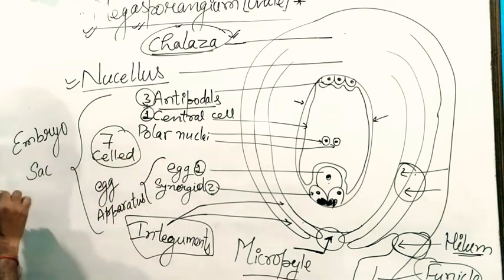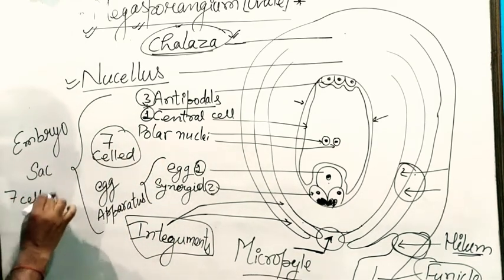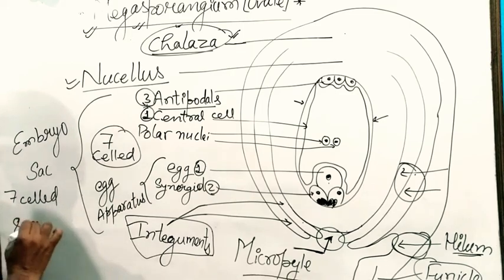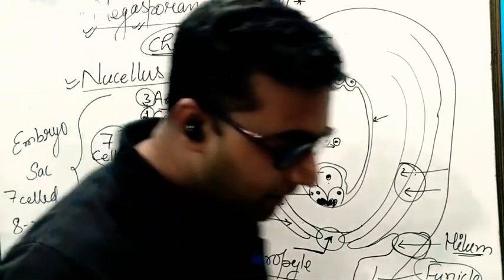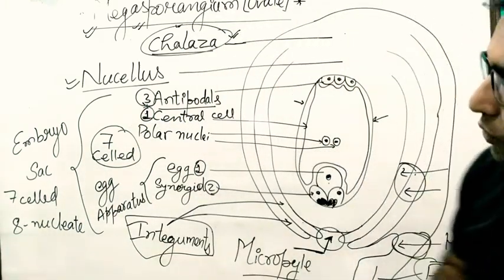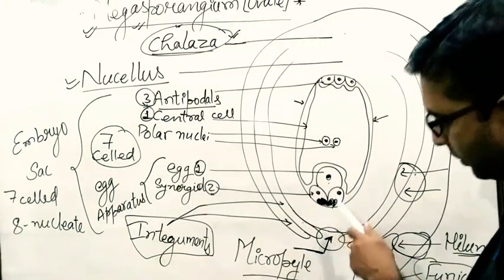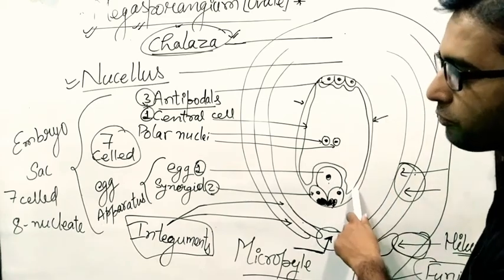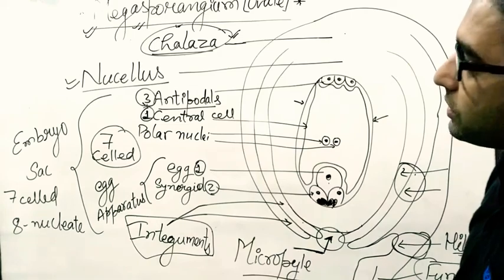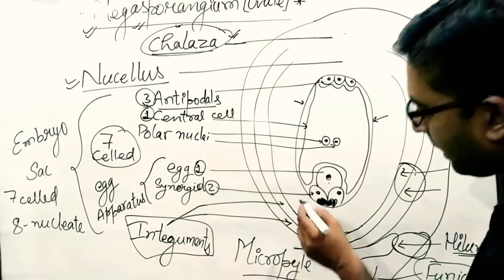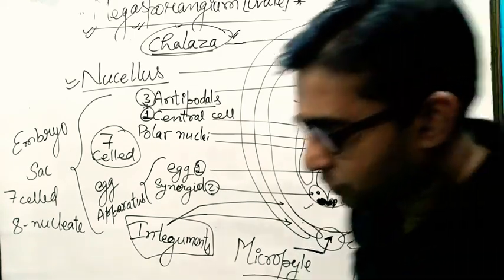You can say this is a 7-celled, 8-nucleate stage. A typical polygonum type of ovule and embryo sac, the female gametophyte, consists of 7 cells but having 8 nuclei. So this is all about the microsporangium and the structure of the female gametophyte.